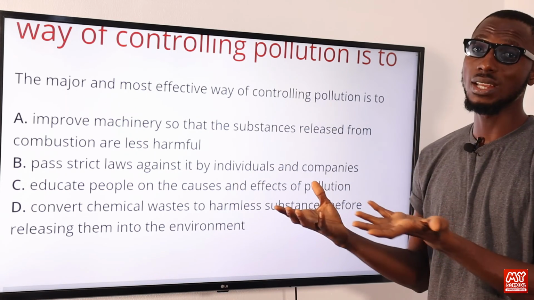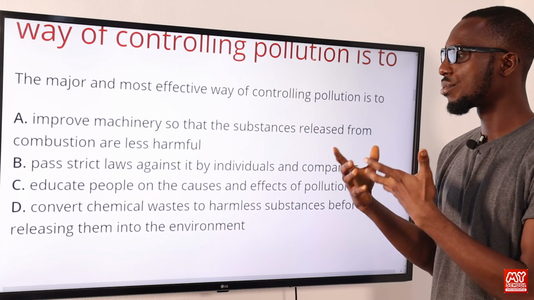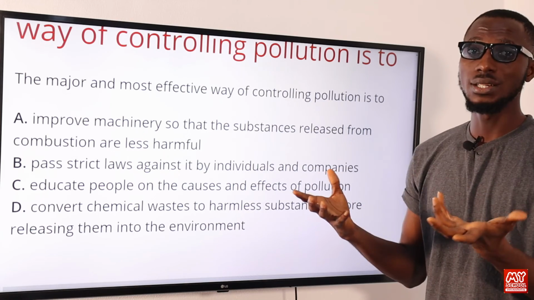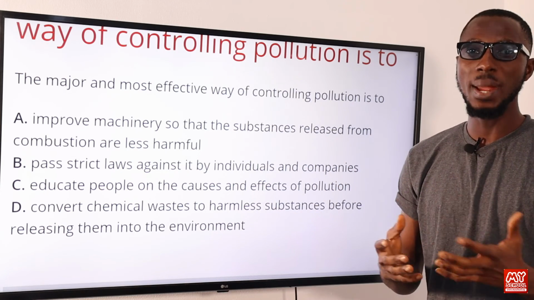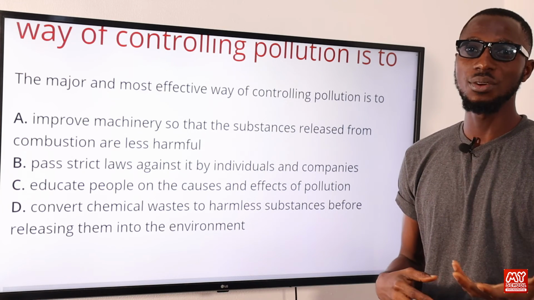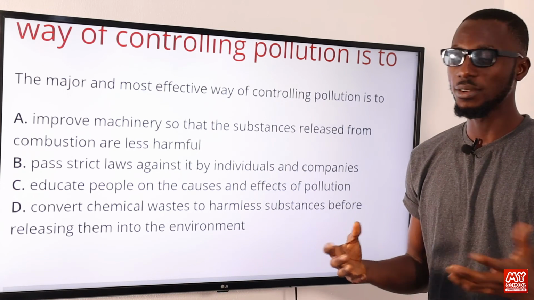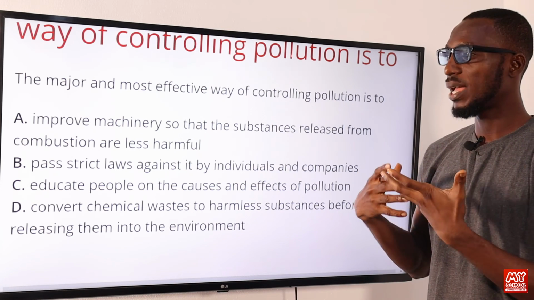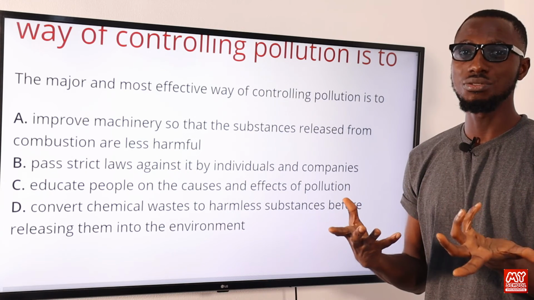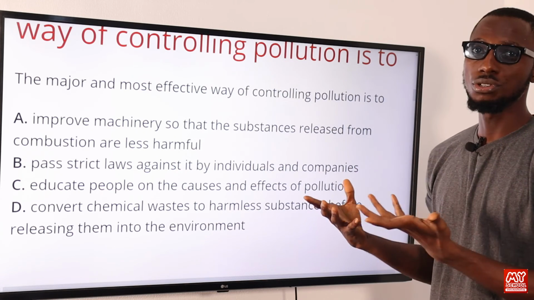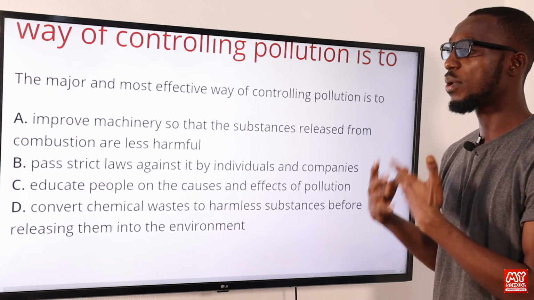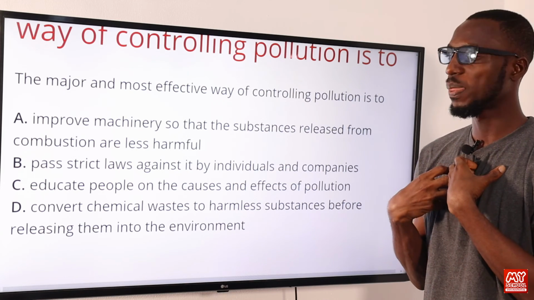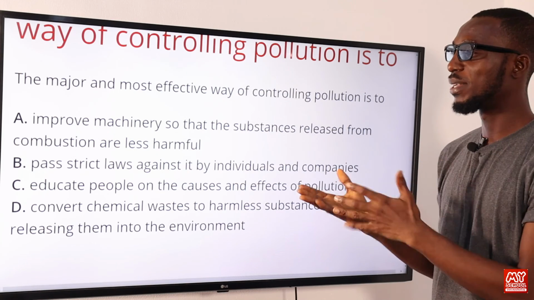So once humans generally are educated on what causes pollution and the effect it has on their environment, on their health, on the next generation, and on the planet Earth, it's going to cause a shift in their attitude towards pollution, managing it, controlling it, reducing it, and whatsoever. So option C is most viable and most appealing to me. I have sentiment for option C.